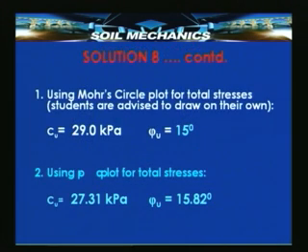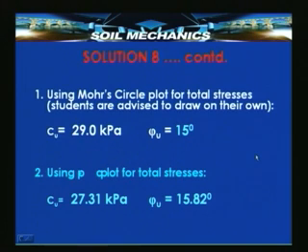If you plot the Mohr circle diagram, which is not shown here in the slide, you will find that you will get slightly different values of Cu and phi u compared to what we got for the PQ plot. In the PQ plot, we got 27.3 and 15.82, whereas if you plot the Mohr circle diagram and get the values of Cu and phi u, you will find 29.0 and phi u equal to 15 degrees.